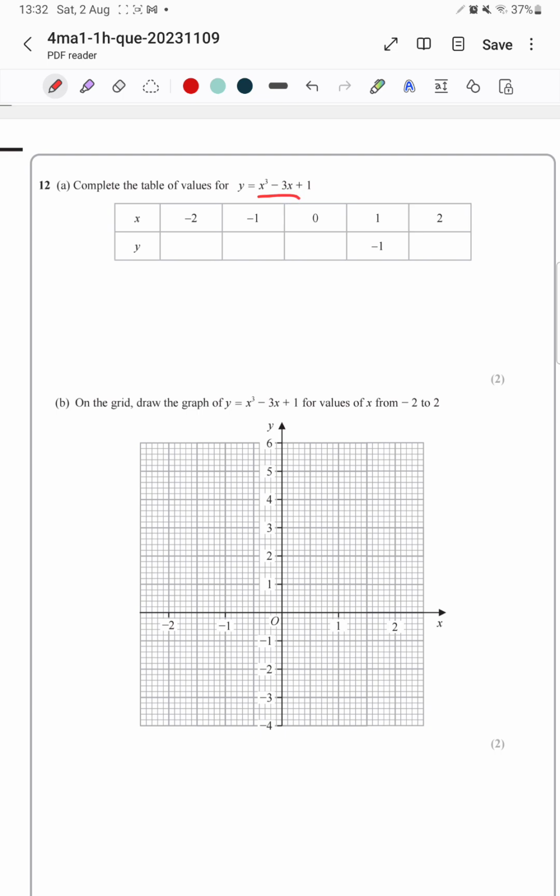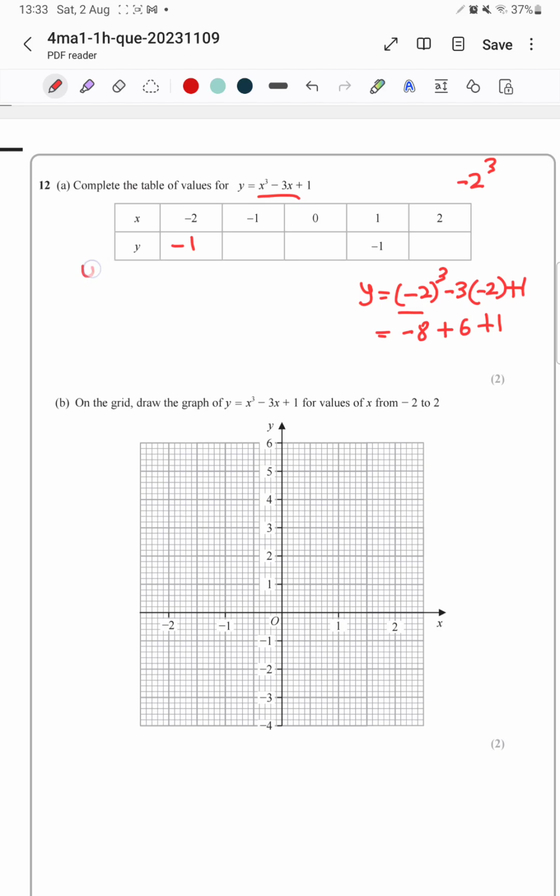So when x is negative 2, y will be negative 2 cubed minus 3 times negative 2 plus 1. Make sure when you write it in the calculator, you don't write negative 2 cubed. That will be wrong. That is not a correct way. Though you will get the correct answer here, it is not a correct way. So it will be negative 8 plus 6 plus 1. So this is negative 1.